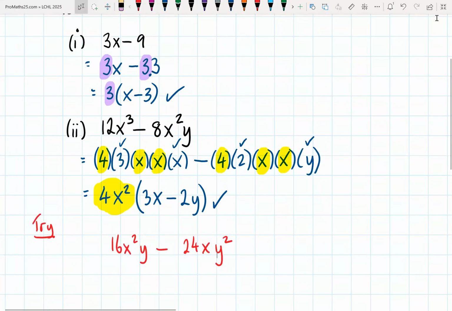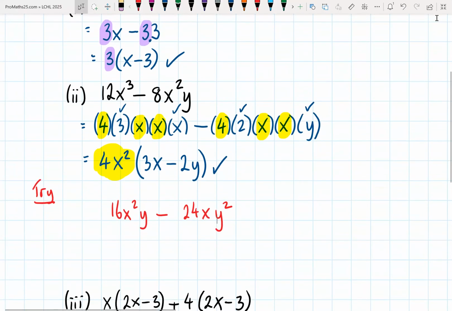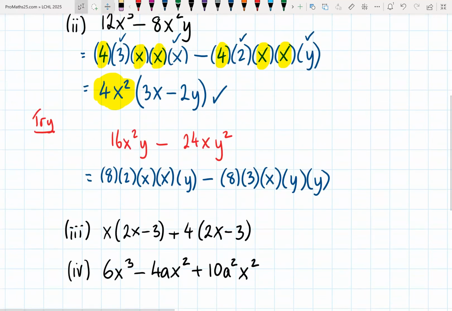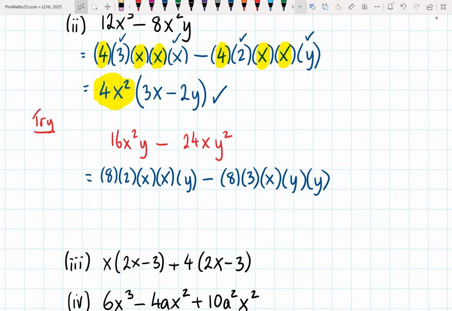Okay, so what you might say is, what's the number that multiplies into 16 and 24? And hopefully you can see it's 8. So it's 8 times 2, x, x, y. And this is not an essential step now, but I find it good to understand it in the easier ones, so that when you come to the more difficult ones, they make more sense. So when we decompose it down like that, let's identify what's common.